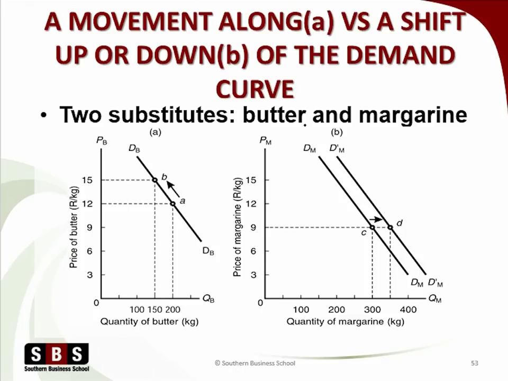And we're going to get to a shift of the demand. You must know the difference between a movement on the demand curve, which is graph A, and a shift of the demand curve, which is graph B. So a shift is always where you get the two demand curves, and a shift either up or down. You can show it any way. But you must know the difference between a movement along the curve and a shift of the curve.